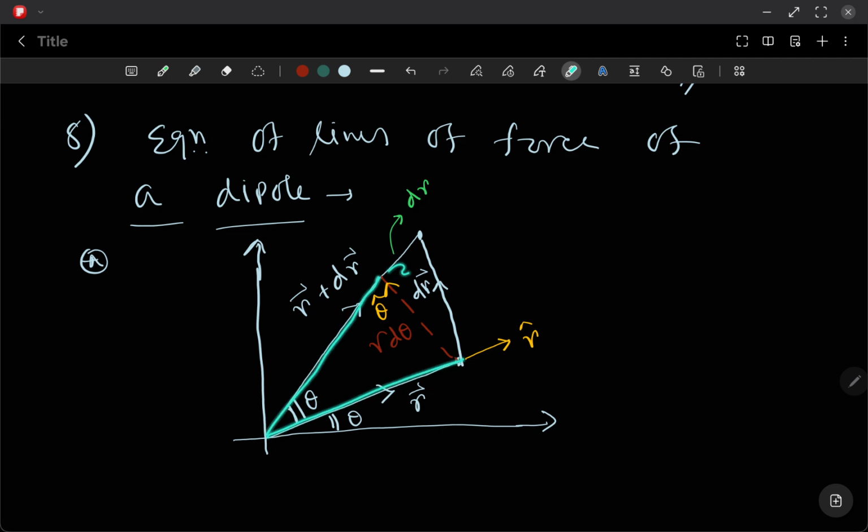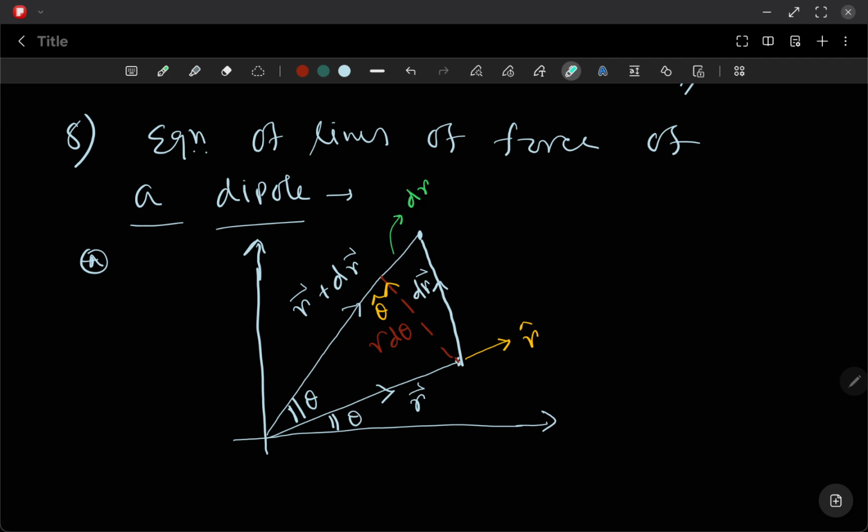So this much I can assume to be the magnitude dr, the length by which this is greater than this one.